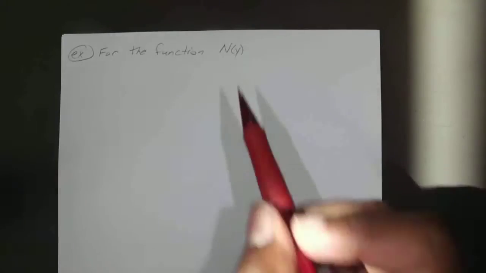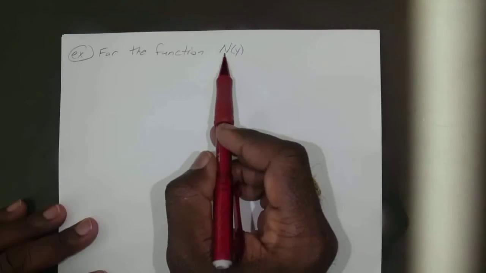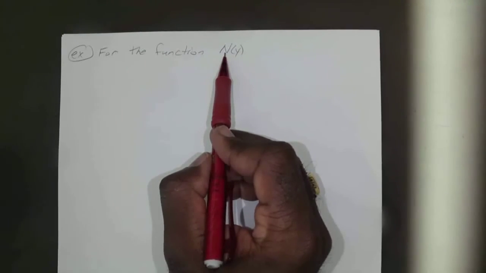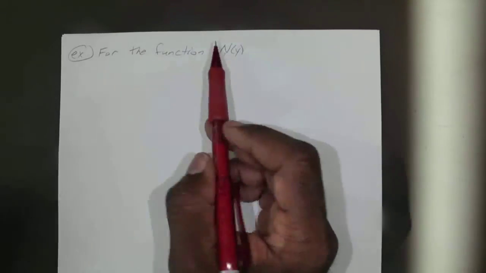That could be f, that could be g, that could be h, that could be uppercase N, lowercase r, uppercase R, means the exact same thing. So when you see that change, it literally could be any capital or lowercase letter.